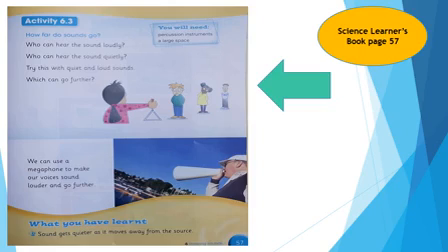Okay, now let's continue. This time, this picture shows that we can use a megaphone to make our voices sound louder and go farther. So if we want to make our voice louder and go further, we have to use megaphones, or maybe microphones and speakers.